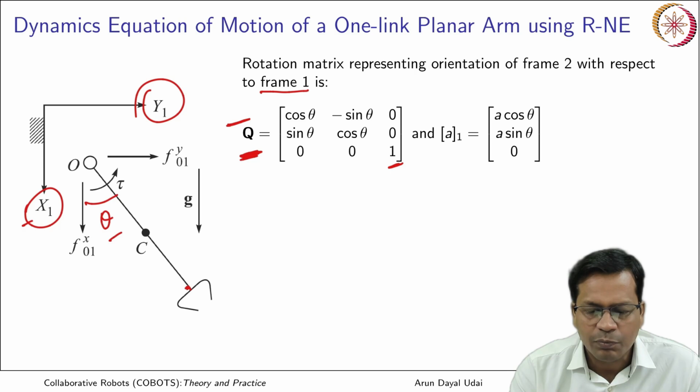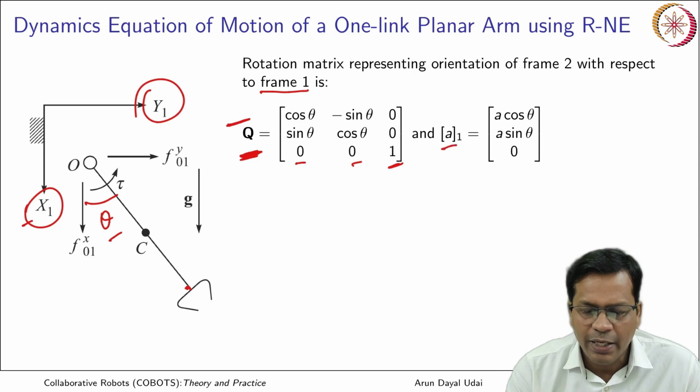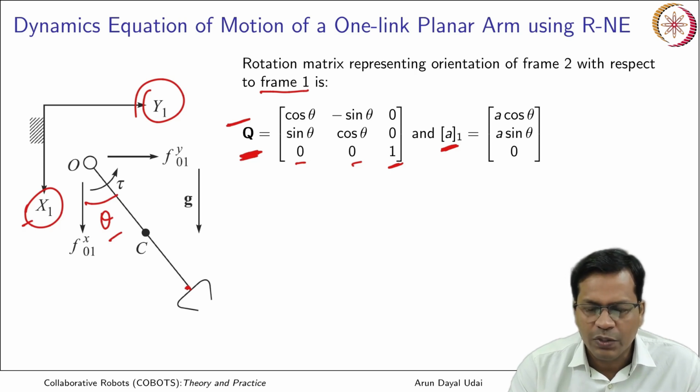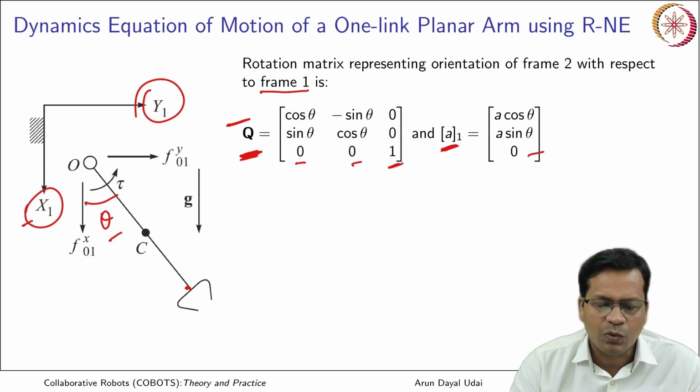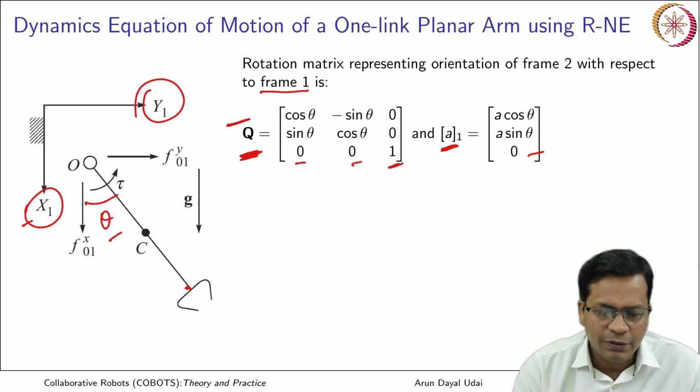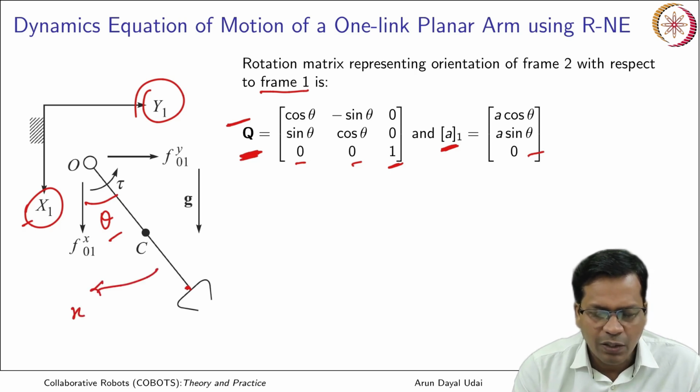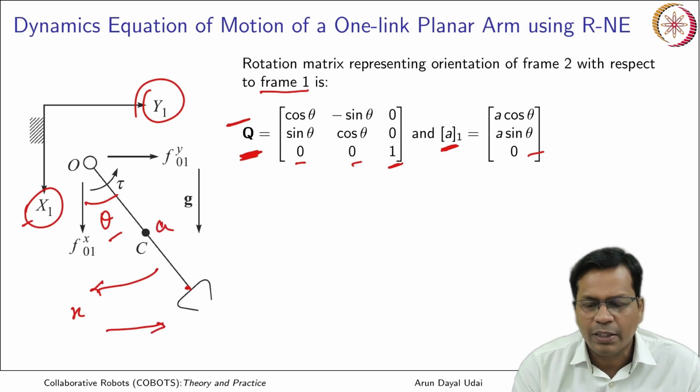So that is cos theta, minus sin theta, sin theta, cos theta, 0 0 1 and 0 0 here. And similarly the a i vector, in this case a 1, is a cos theta, a sin theta and 0, because it is a planar system, there is no component along z axis. Cosine is along x, sine is along y, this is the link length vector.